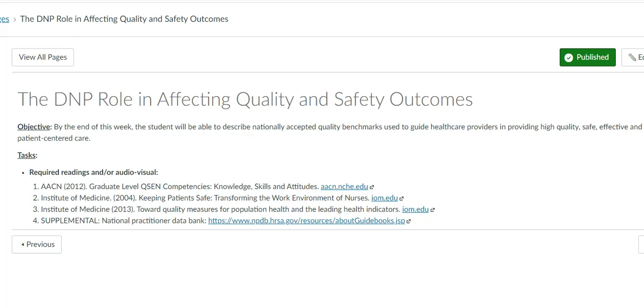QSEN represents an initiative in the nursing field to align nursing education and nursing best practices in quality and safety standards. This was formed because of calls to improve quality and safety in nursing.